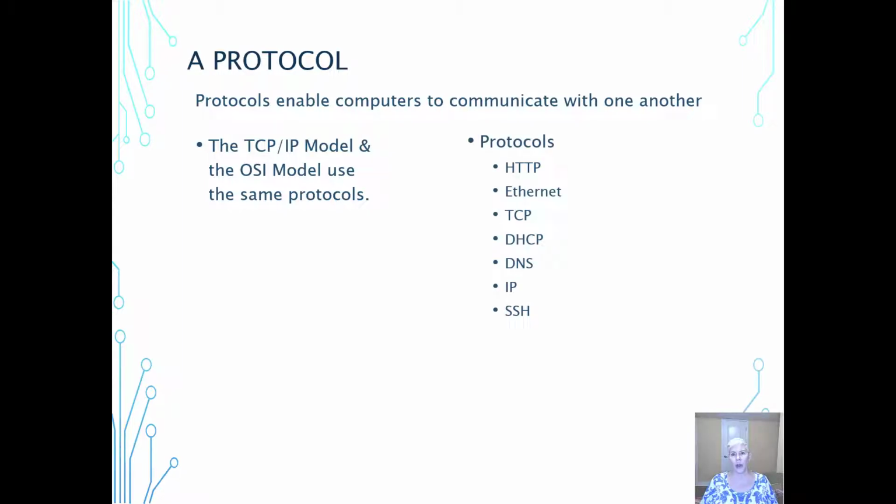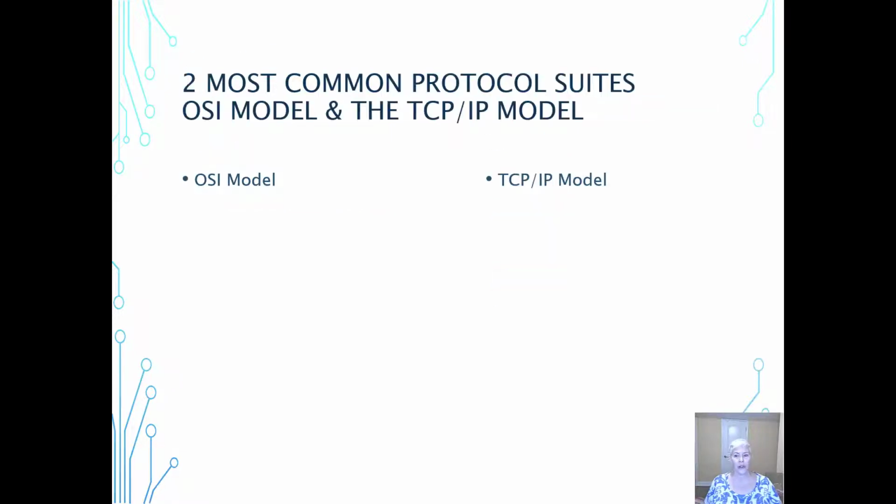An example of a protocol, and maybe some you've heard of, would be HTTP, Ethernet, TCP, DHCP, DNS, IP, SSH, Telnet. There's a bunch of them. These are protocols that will have standards and regulations associated with them so that data and communication can happen between the source and the destination.